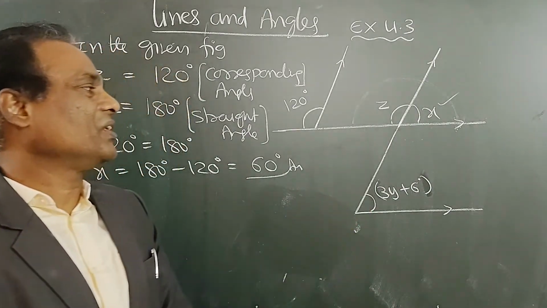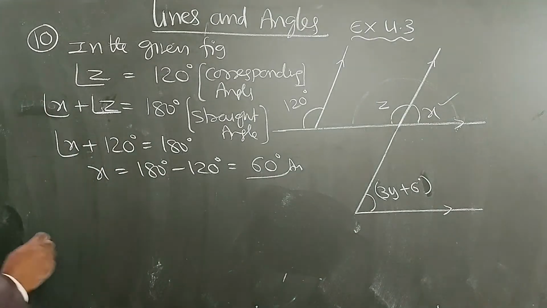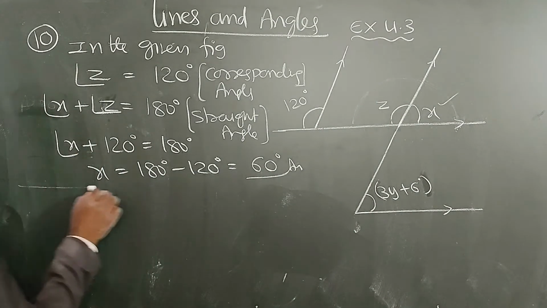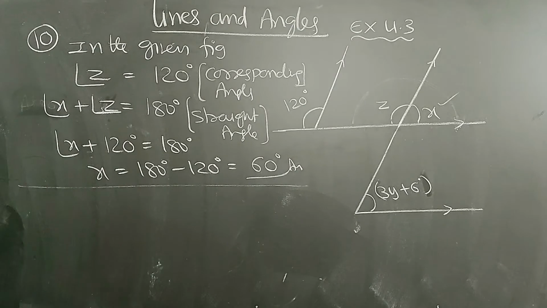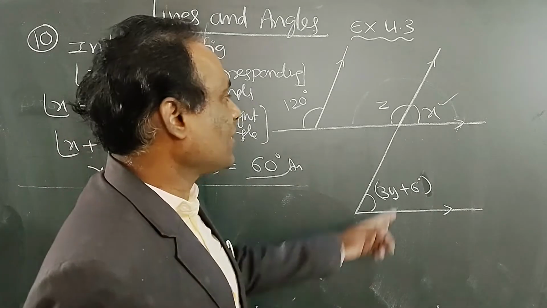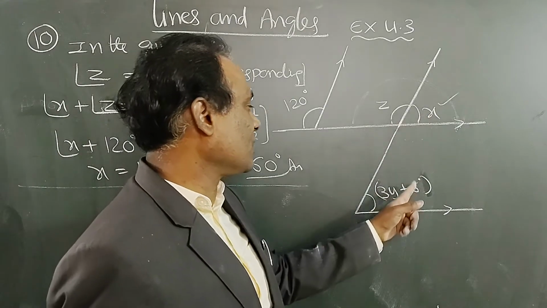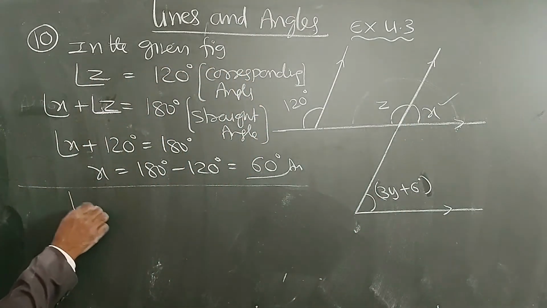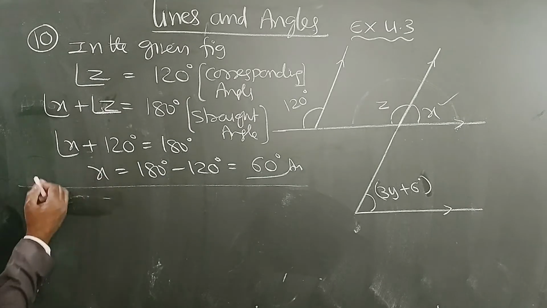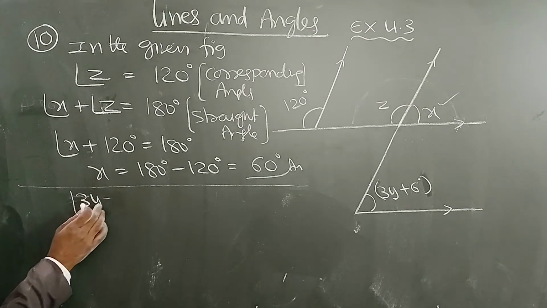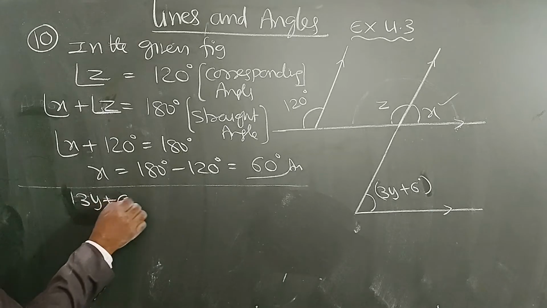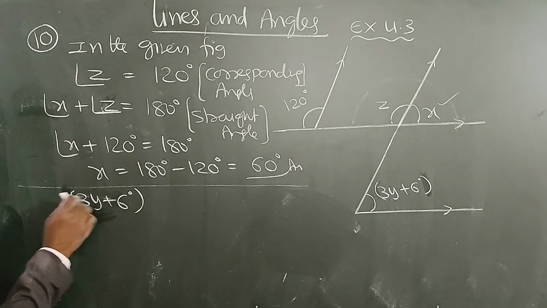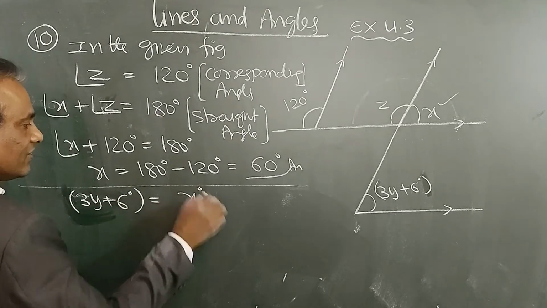Now, how am I going to find the y value? See here. Now I am saying that this is equal to this. These two angles are equal. You tell the reason. Angle x is equal to angle 3y plus 6 degrees. This angle is equal to x degrees.